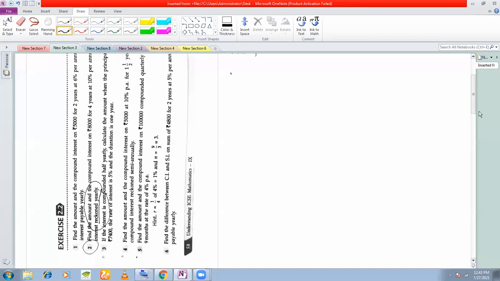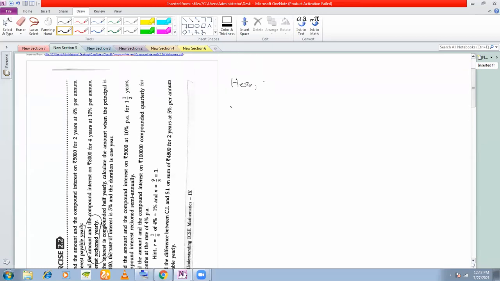Let's write here what is given. Principal is 8000, invested for 4 years, that means time period is 4 years, and the rate percent is 10. You have to find out the amount and the compound interest. This is a straightforward problem.